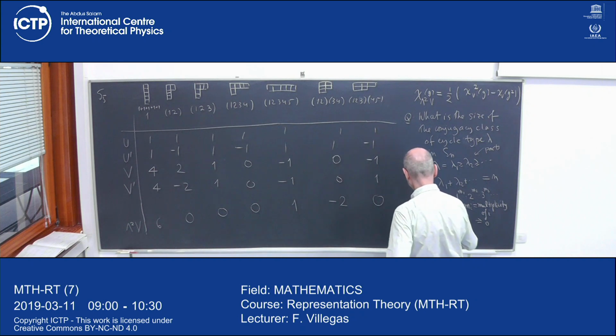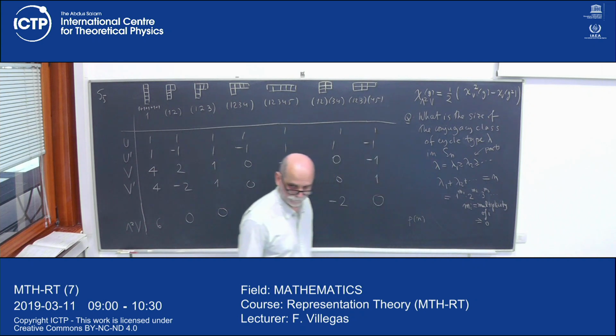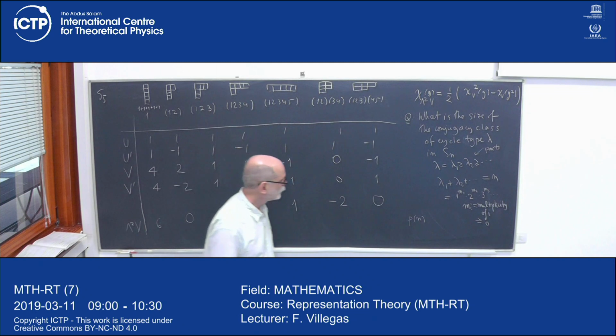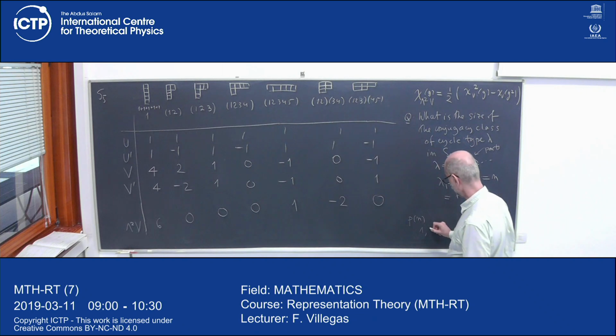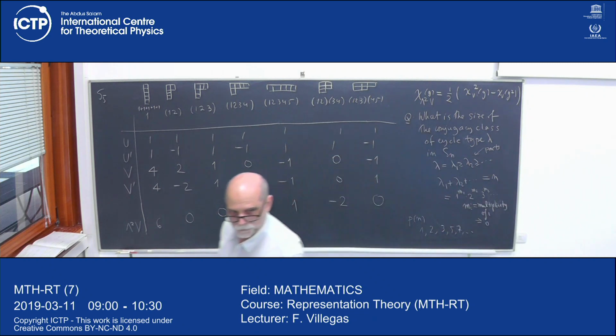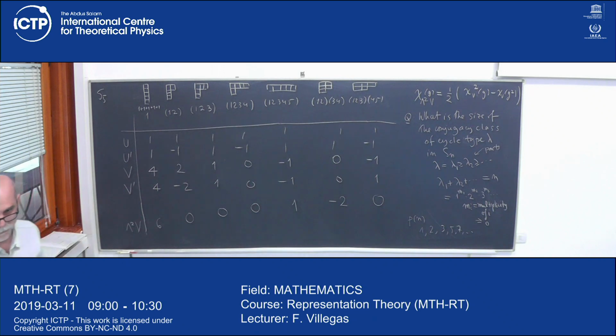It's called P(n). So for 1 there's 1, for 2 there's 2, for 3 there's 3, for 4 there's 5, 7. You can put these numbers in Google or in the Sloane Encyclopedia of Integer Sequences and you'll find more about it.